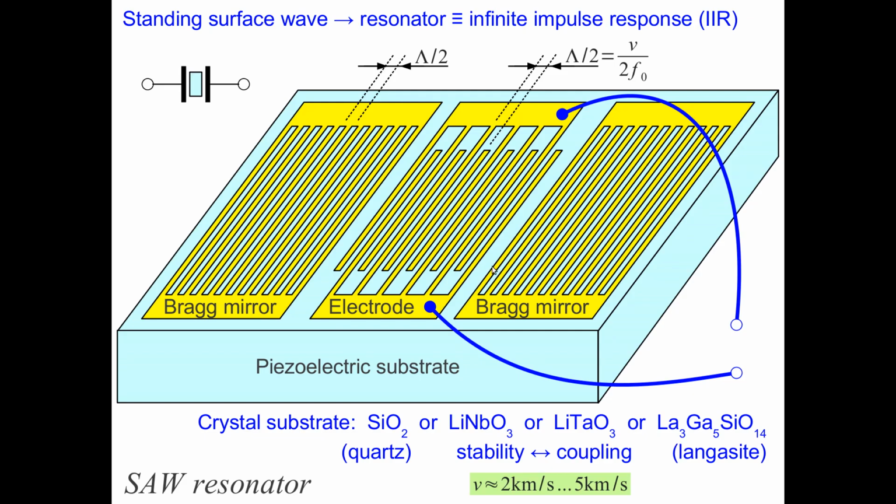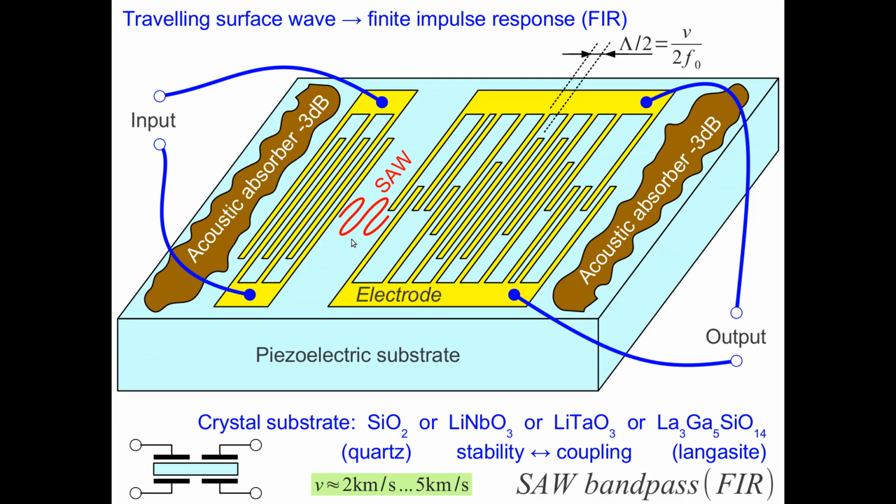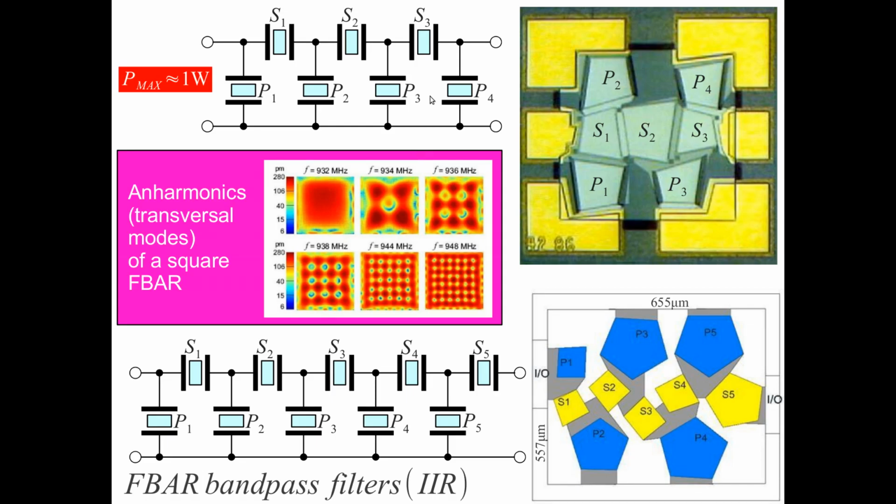If I'm talking about today's technology, both technologies do compete. Surface acoustic wave resonators, so standing wave, also compete with traveling wave and compete with bulk acoustic wave resonators, film bulk acoustic wave resonators. So these are competing technologies.